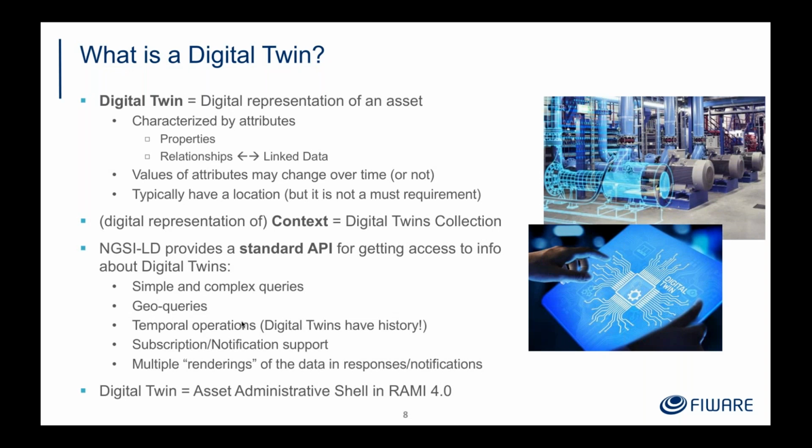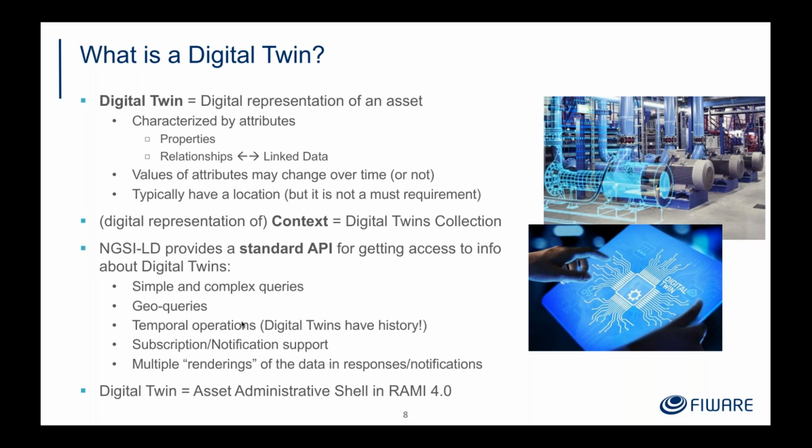This digital twin, as I said, used to be representations of assets, might be assets that are connected to real world objects or concepts, like, for instance, a citizen's claim. If we talk about smart cities, they are characterized by attributes. Those attributes might be properties or relationships.